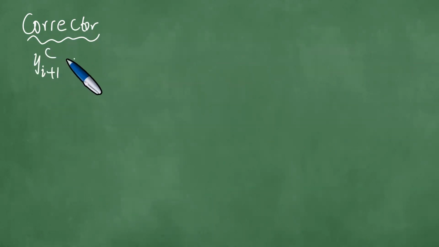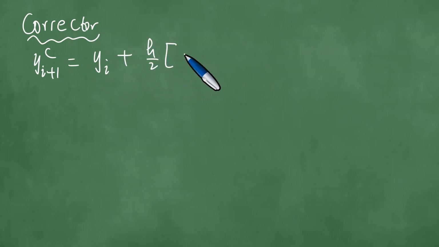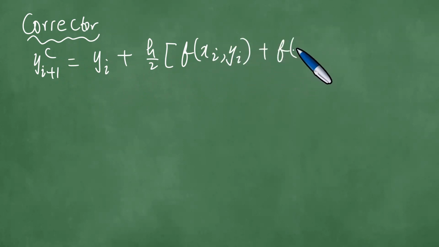Let's do the corrector, and then we shall tabulate all this. Now, for the corrector, we write down the formula first. It's easier, because otherwise you get too many values and you get swamped. So y i plus 1 corrector is yi plus h over 2 times f of xi yi plus f of xi plus 1, yi plus 1.